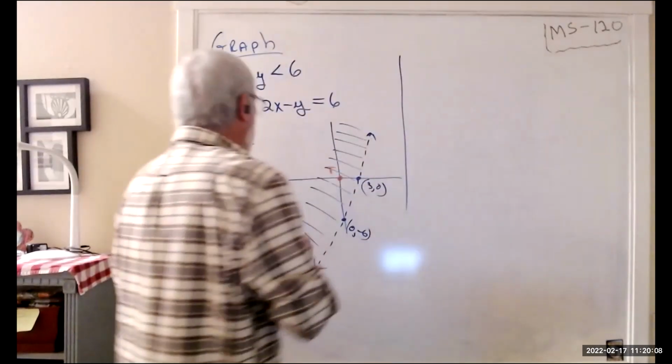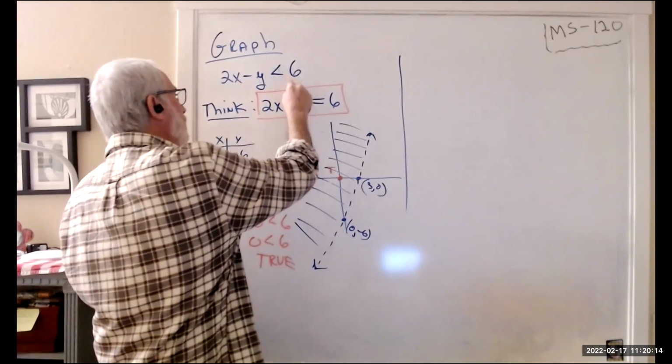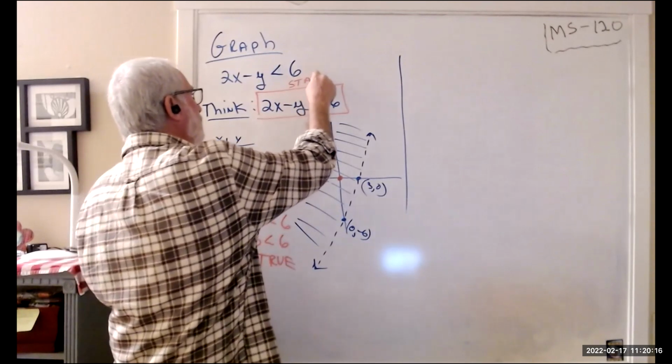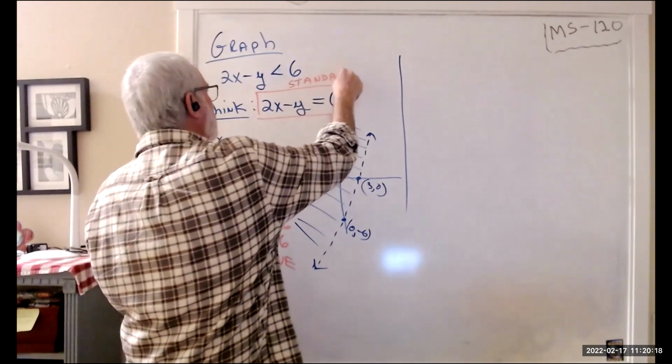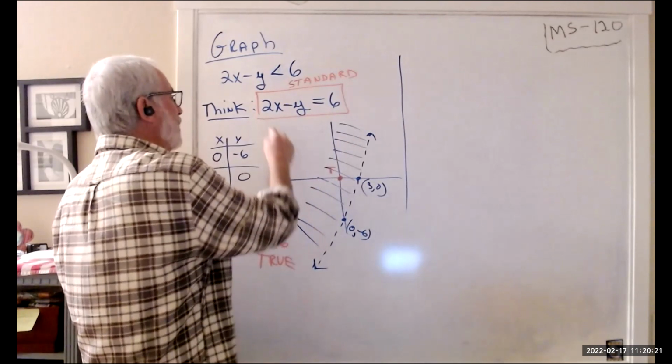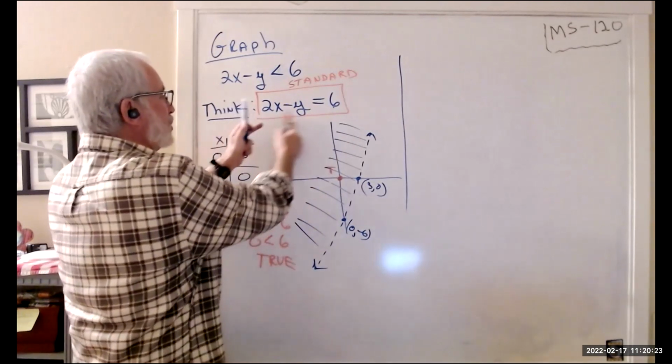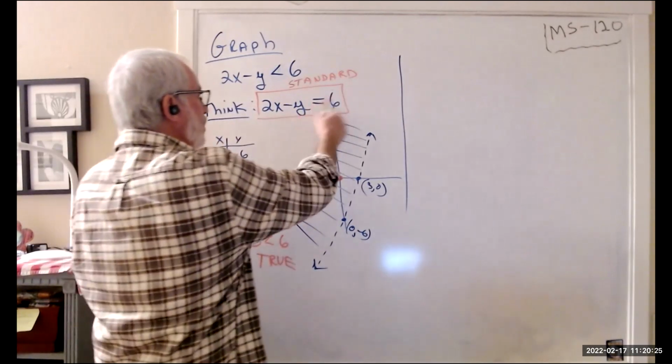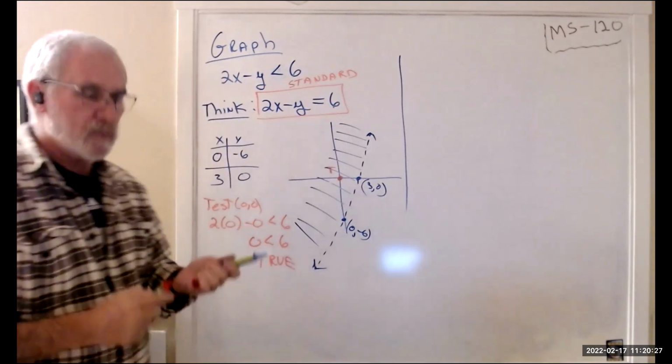This form, when you move it like this, is called standard form. When you have your X's and your Y's on one side equaling a number, that's called standard form.